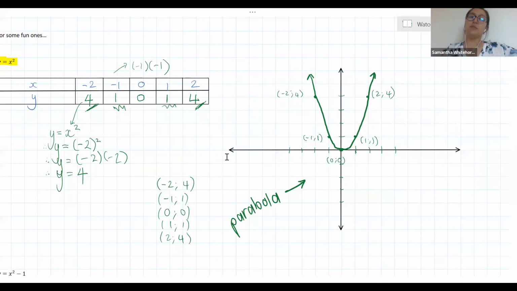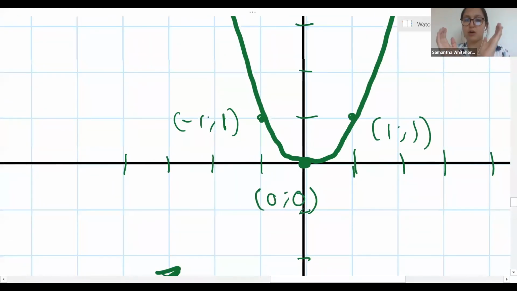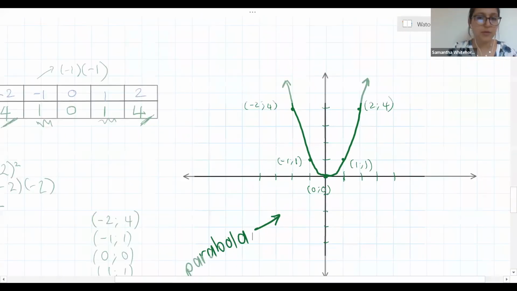If we were to zoom in on the base part of my graph, it's never going to be a perfect straight line. It's going to form a curved succession of dots. And so if we join it, it is a curve. It's not a straight line. The arms don't go straight, they curve out and keep extending outwards. I hope that answered your question.